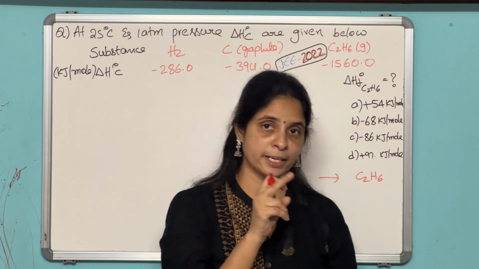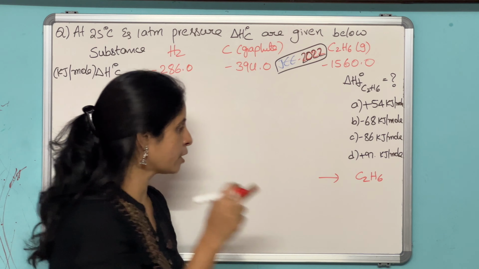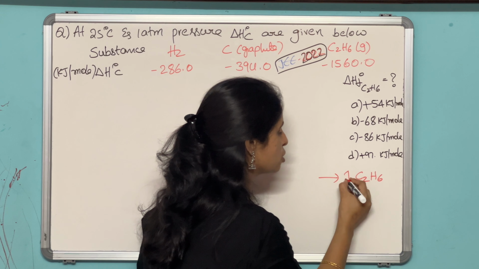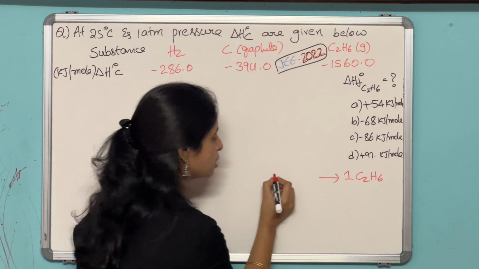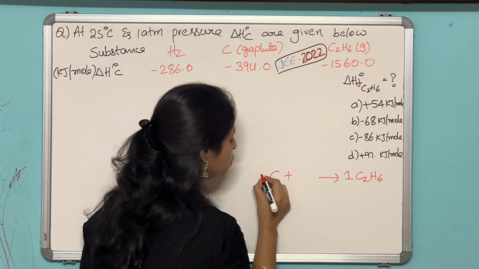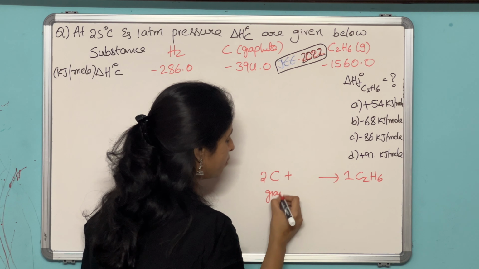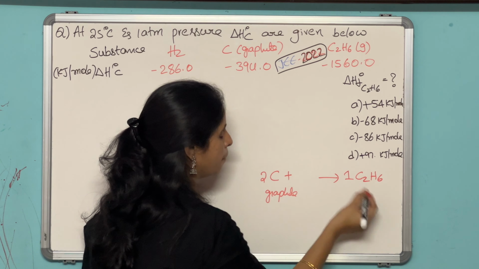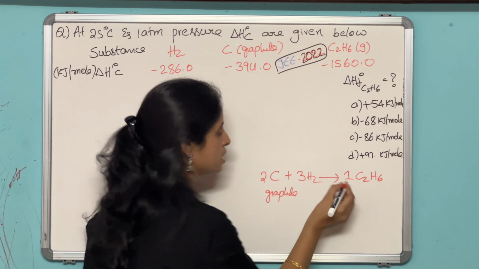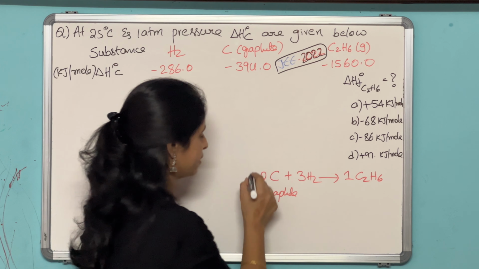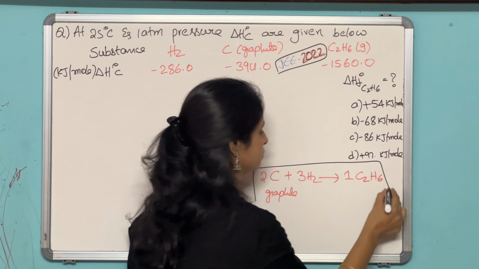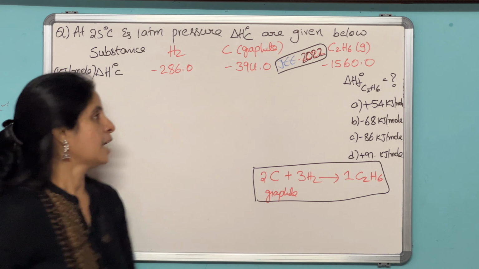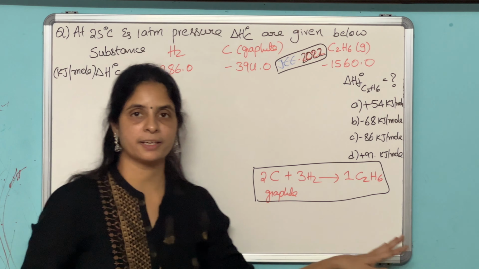The product side should be 1 mole, when 1 mole of a compound is formed from its constituent elements. What are the constituent elements? 2 carbon graphite plus 3H2. This is your required equation. Now, this part we have completed.